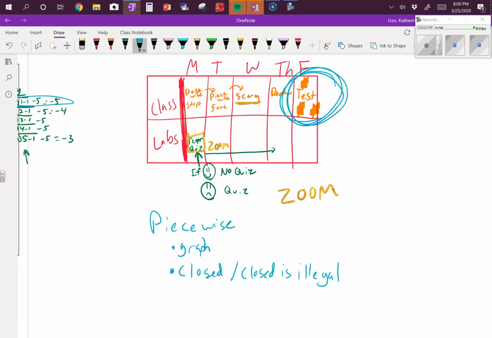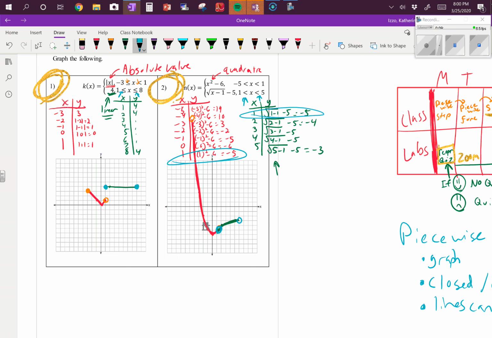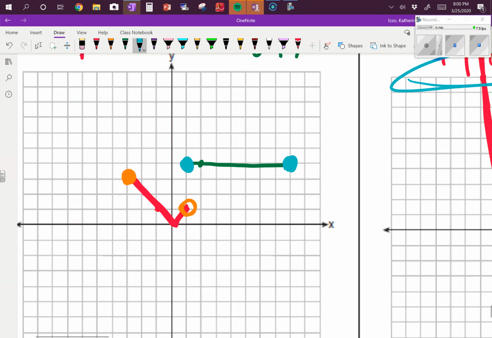You're also probably going to need to know that the lines can't overlap. So I could not, for this guy, I know this absolute value goes from here to here.